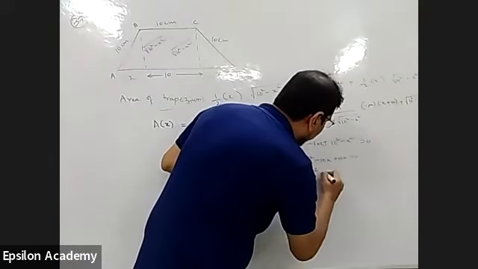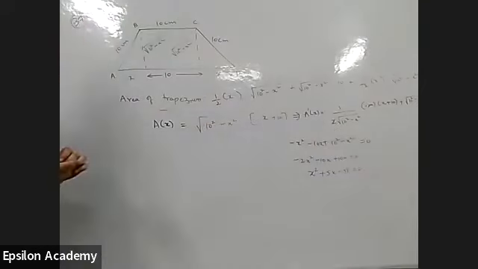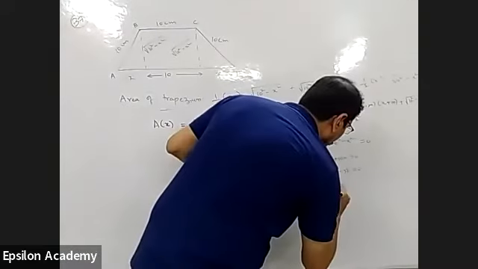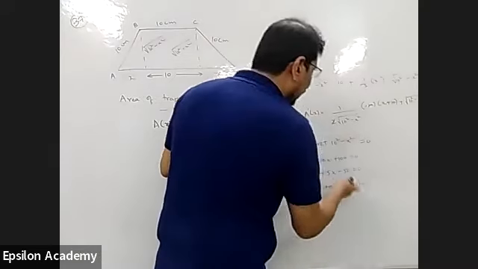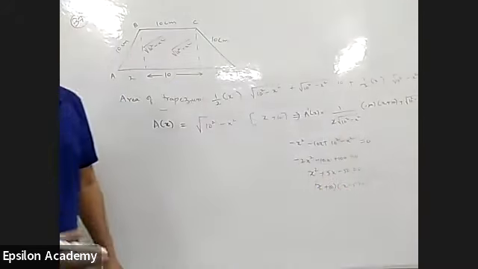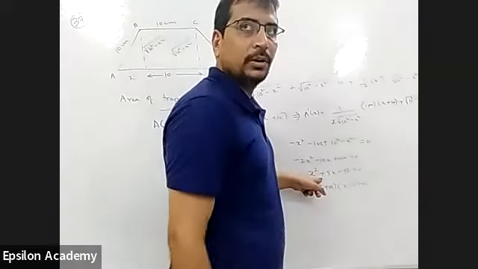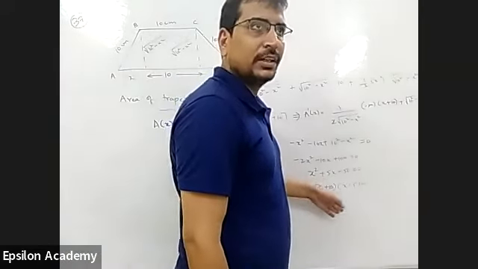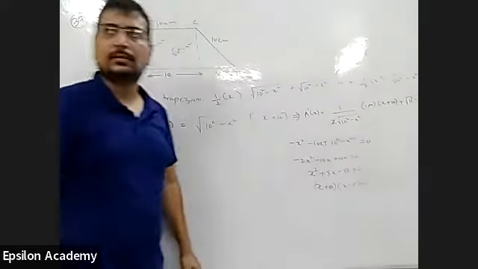So x square plus 5x minus 50 is equal to 0. So 50, what are the factors? 5 and 10? X minus 10, x plus 10 into x minus 5, no? If the middle number is positive, correct? X plus 10 into x minus 5, so x will be 5. Are you able to understand?